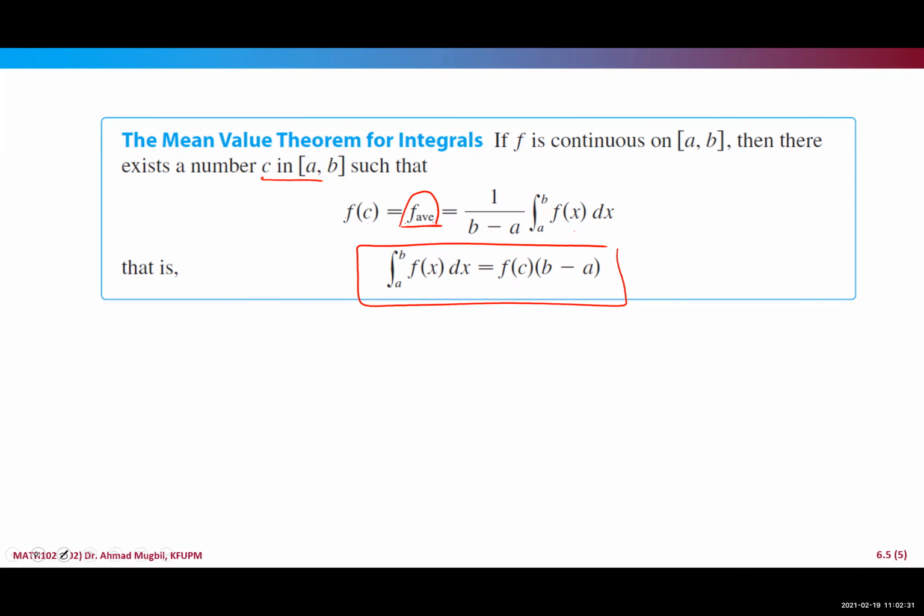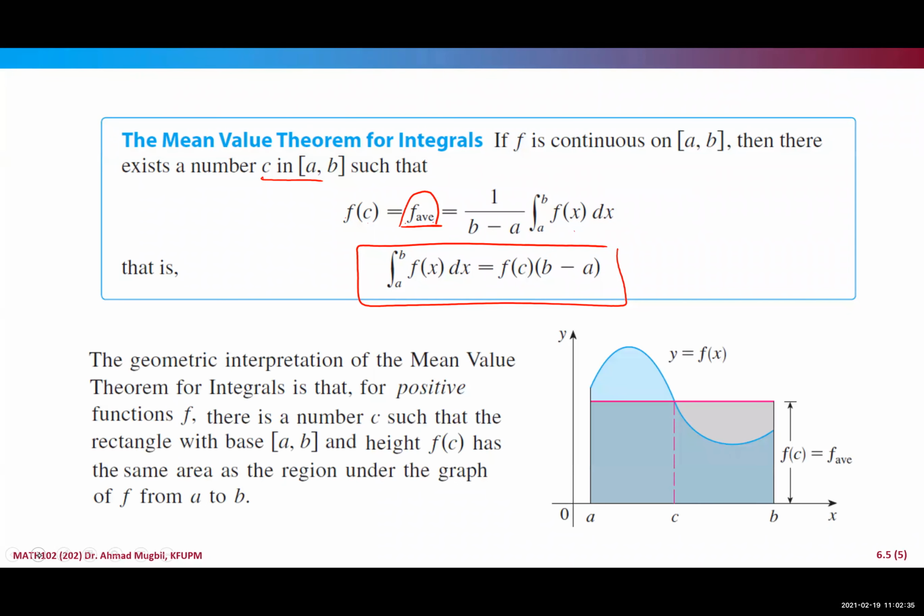Let's apply it now, or before, let's see what that means geometrically, because I mentioned this in the previous slide. So in general, geometrically, we can look at it. Let's assume for simplicity that we have a positive function f.